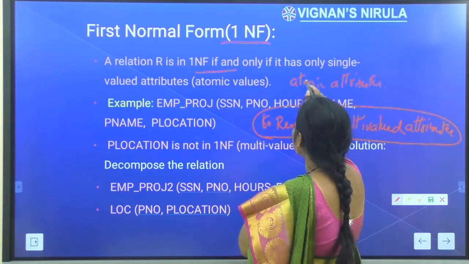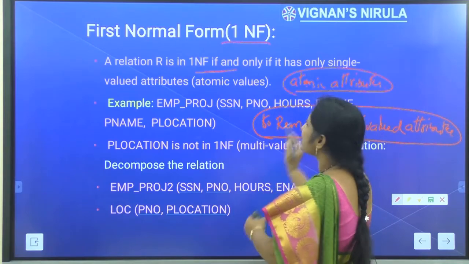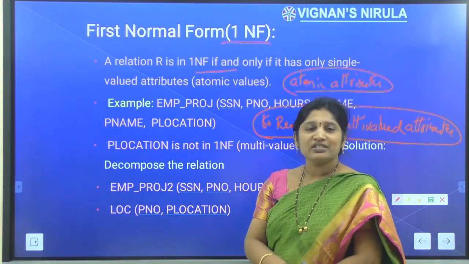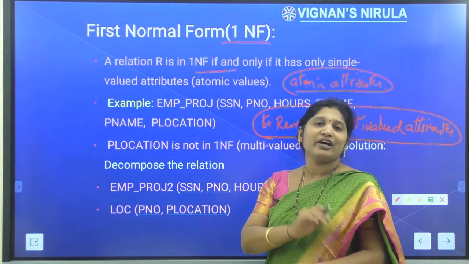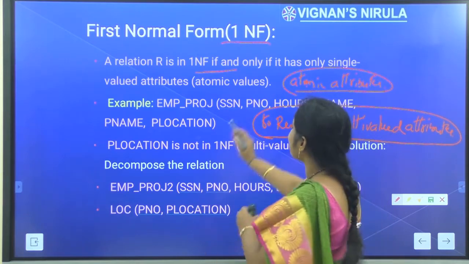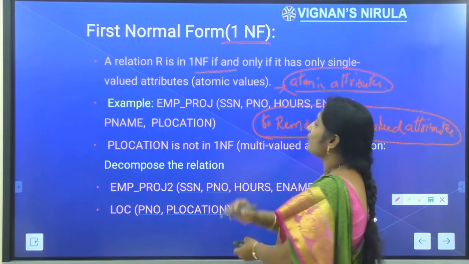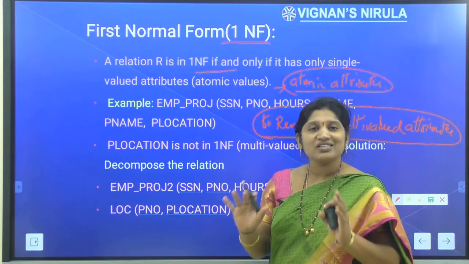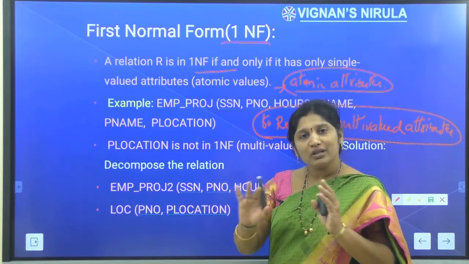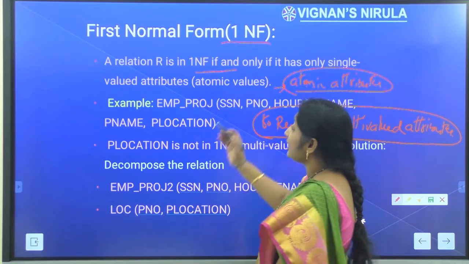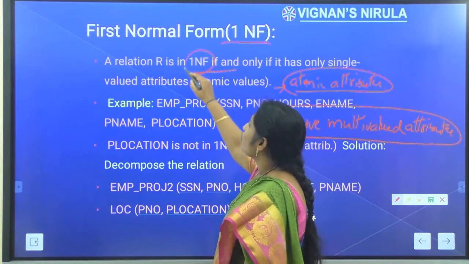What is the meaning of atomic attributes? Attributes which are indivisible in nature, which can possess a single value for a single tuple, are called atomic attributes. If your relation consists of all atomic attributes, then I can call your relation is in 1NF.